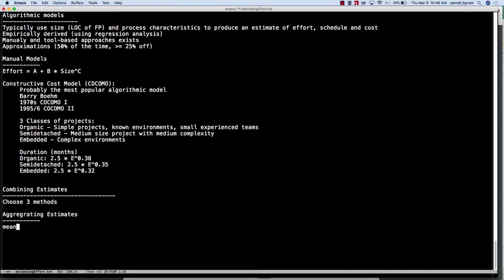We could look at the mean, or we could do a weighted mean, where a weighted mean is if you had 3 values, you could do 1 times the smallest plus 1 times the largest, plus 4 times the mean, and then you need to normalize it by 6. So that gives some weighting to the smallest, some weighting to the largest, but they're probably outliers. And so there's a weighted mean.